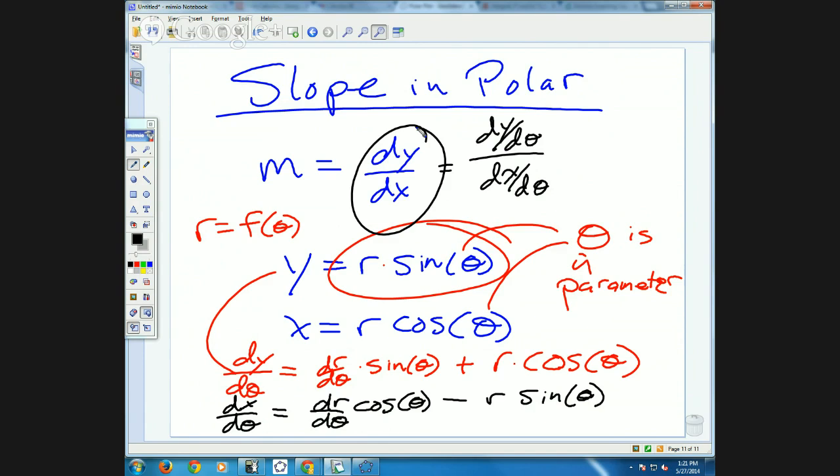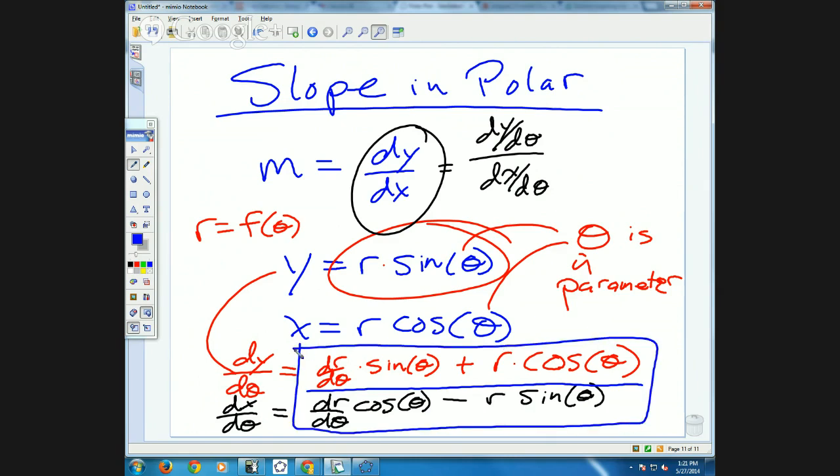So what that means then is if we take this formula and divide by the black one, this right here is slope in polar. It is horrible, but it is what it is. So dr d theta is cute, but mostly useless. This formula here makes it useful by turning it into what we call slope in Cartesian coordinates, rectangular coordinates.